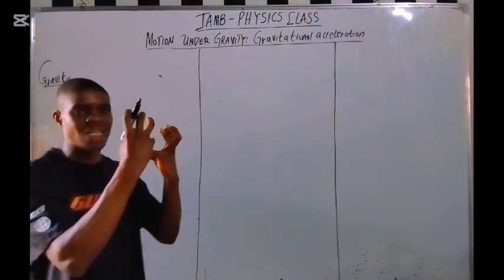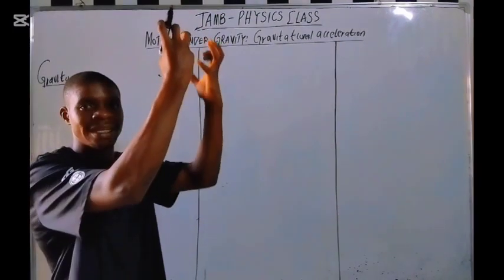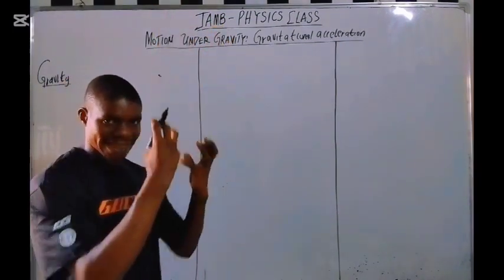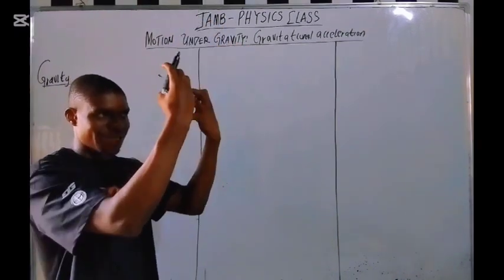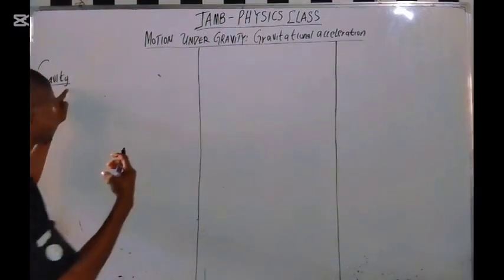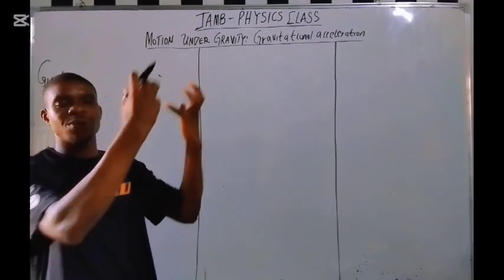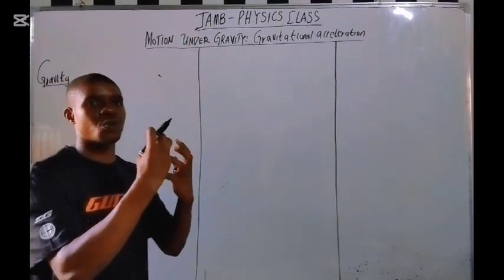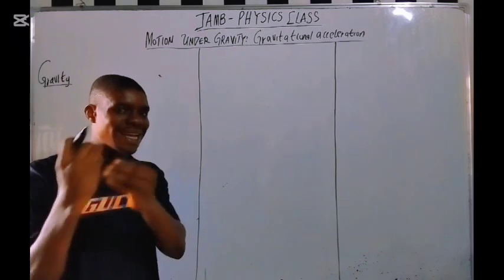Now, when we talk about gravity, gravity is what is responsible for pulling objects towards the earth. So that force that is responsible for pulling objects towards the earth is known as gravity. And when it's pulling the object towards the earth, it pulls it with constant acceleration.